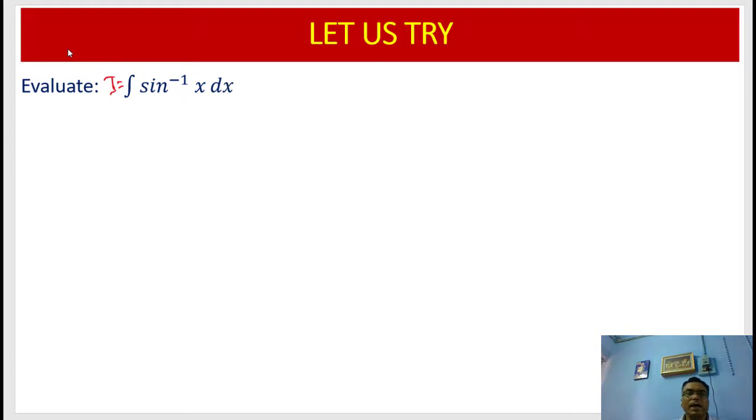I can solve this question by writing it as sine inverse x into 1 dx, like log x, but I am not going to do that. Why? When I take sine inverse x as the first function, its derivative is required. But when I take the derivative of sine inverse x, a root will come.